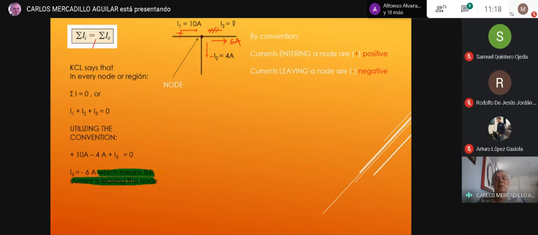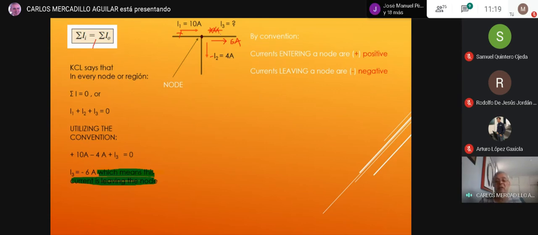So this assumption was wrong. We cancel this, and the correct direction is 6 amps. Okay.